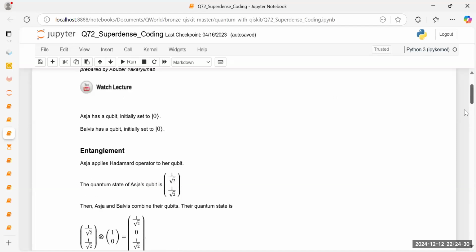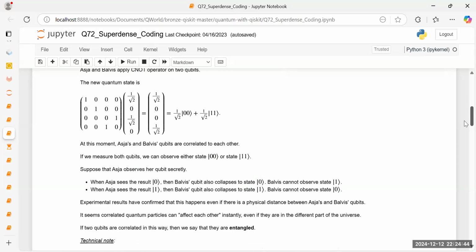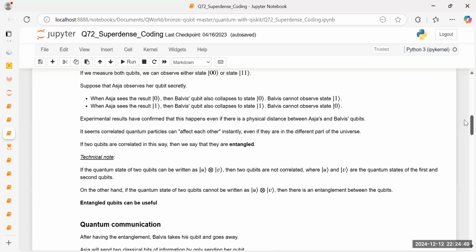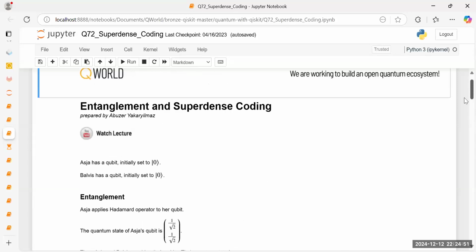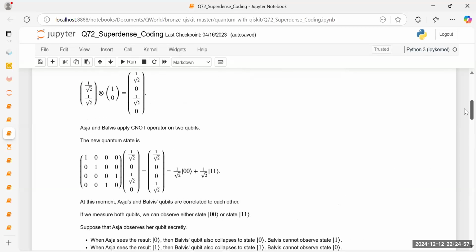Okay, so entanglement. So the first concept that we're going to review here is entanglement. And entanglement is an essential quantum resource for quantum computing or quantum technologies in general.